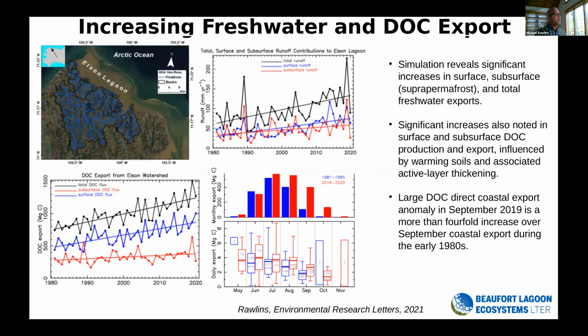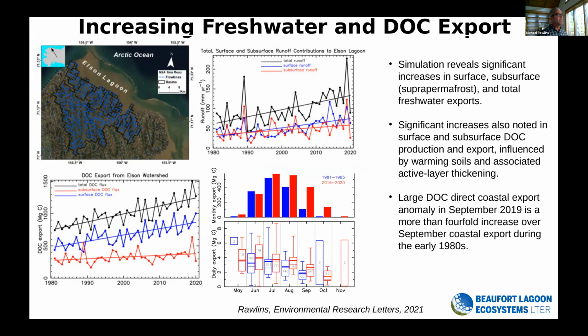If we look at increasing freshwater and DOC exports, so another study that was recently published, we took the model and looked at exports, DOC export and freshwater exports to the area draining to Elson Lagoon in Northwest Alaska.